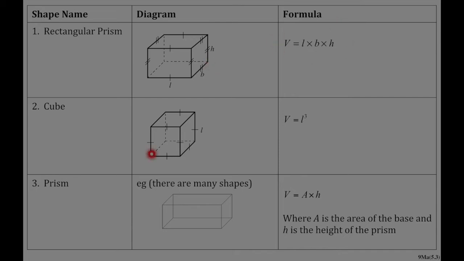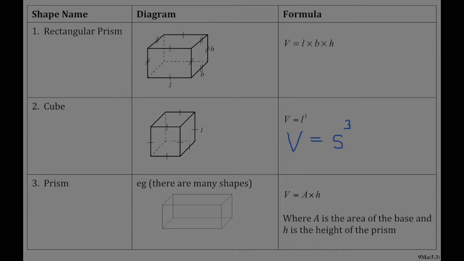If you have a cube, all of the lengths are the same. So instead of length times breadth times height, because they're all the same, we just go the length times the length times the length, or length cubed. I'll normally write this as side length cubed, because I think L can sometimes be mistaken as a 1, and I don't want to make any silly mistakes because I misunderstand my own writing.